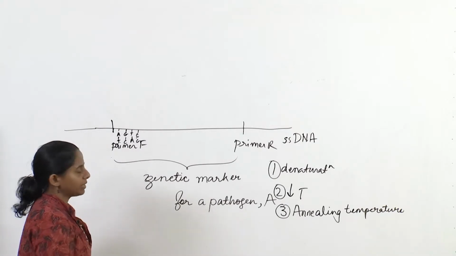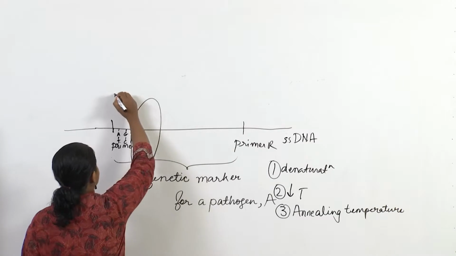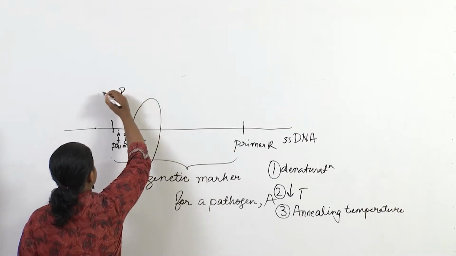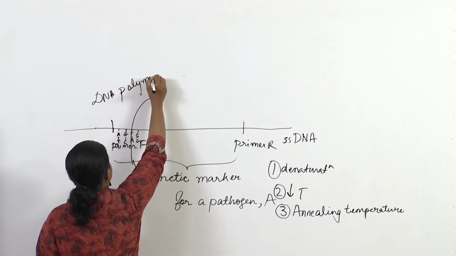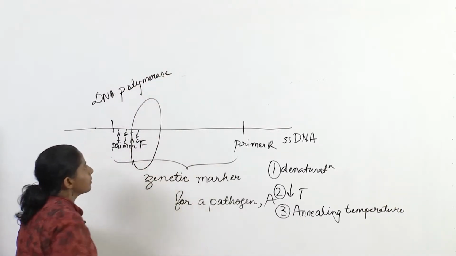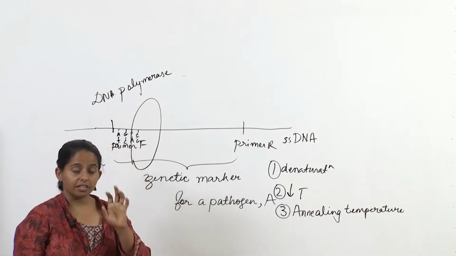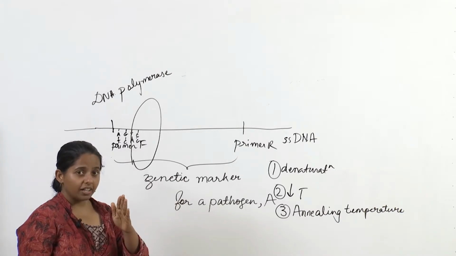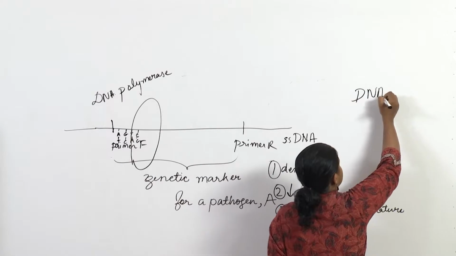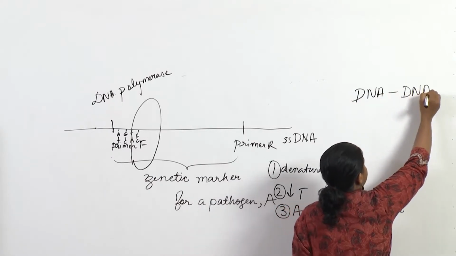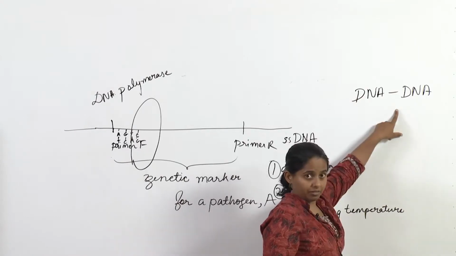Now, at annealing temperature we have this polymerase, which is a giant protein or enzyme, whatever you call it, DNA polymerase. Now DNA polymerase is the enzyme that is required for DNA to replicate. So remember the central dogma of microbiology. When we make another copy of DNA from an existing copy of DNA, it is called replication, okay.